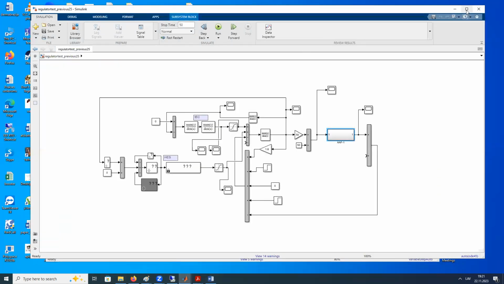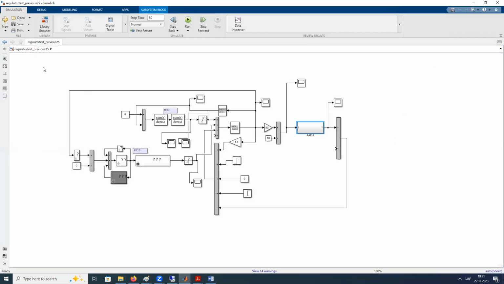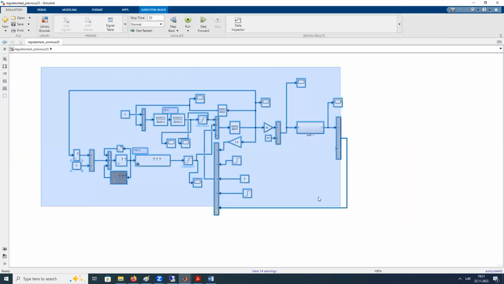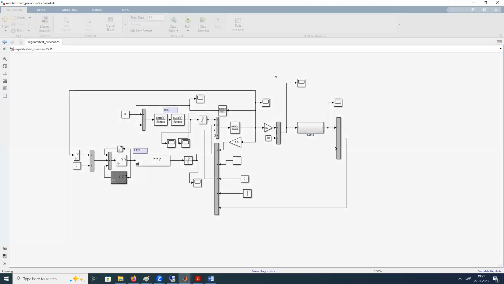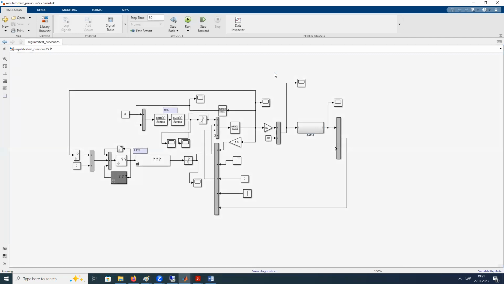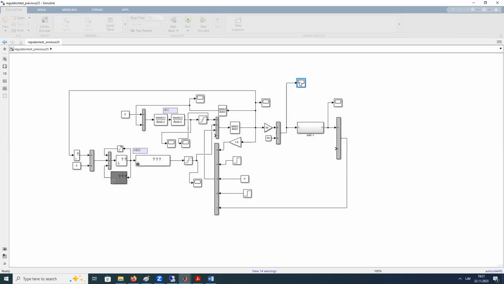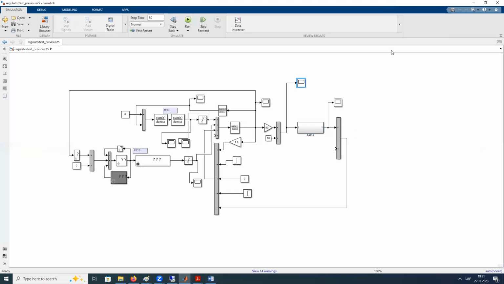Okay, this scheme for you. What did we get here? The same.